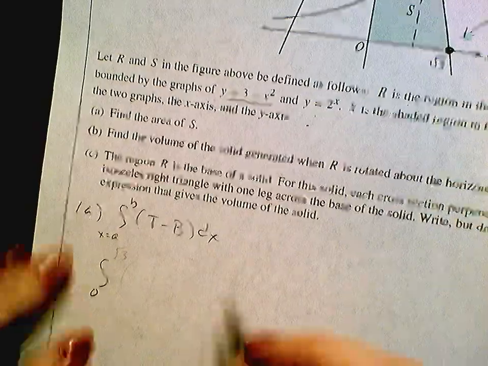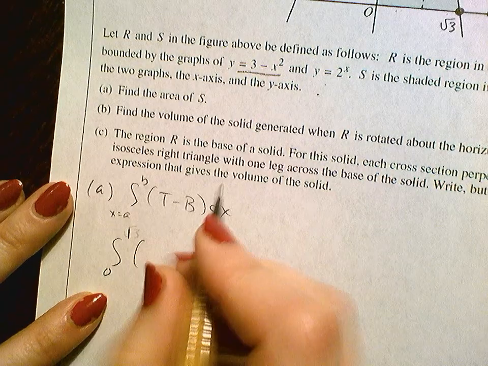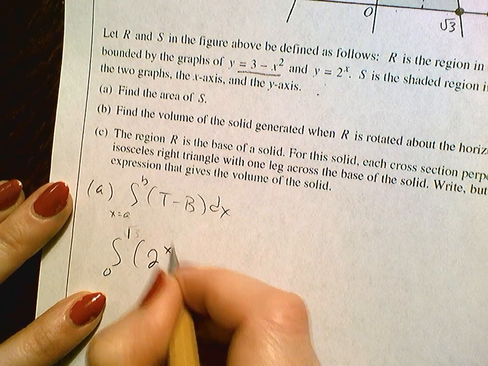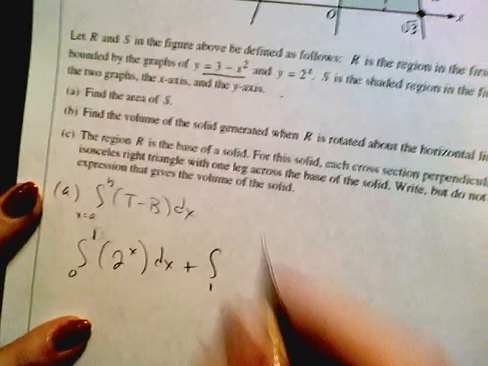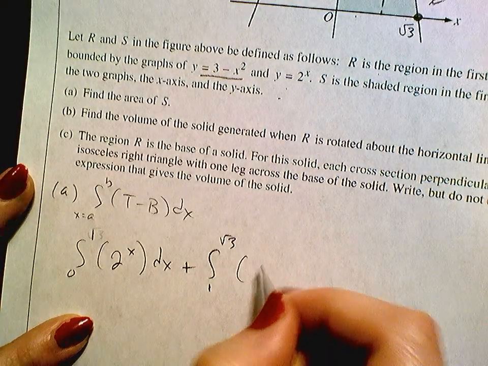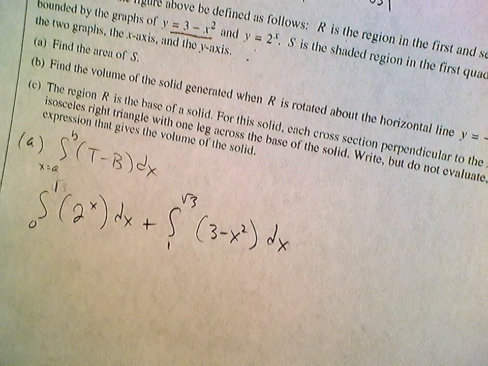So it's going to be from 0 to 1, top minus bottom is 2 to the x. And then we're going to pick it up and go from 1 to radical 3, 3 minus x squared. And we use our calculator from here.